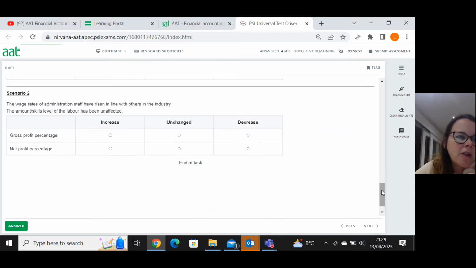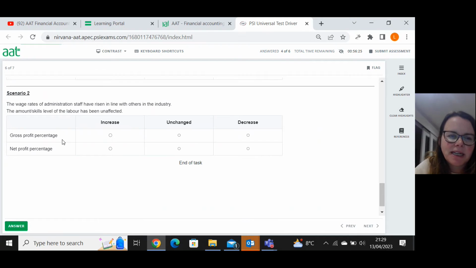Scenario 2. The wage rates of admin staff have risen in line with others in the industry. The amount and skills level of the labour has been unaffected. So we're paying more to our admin staff. Right, gross profit percentage.